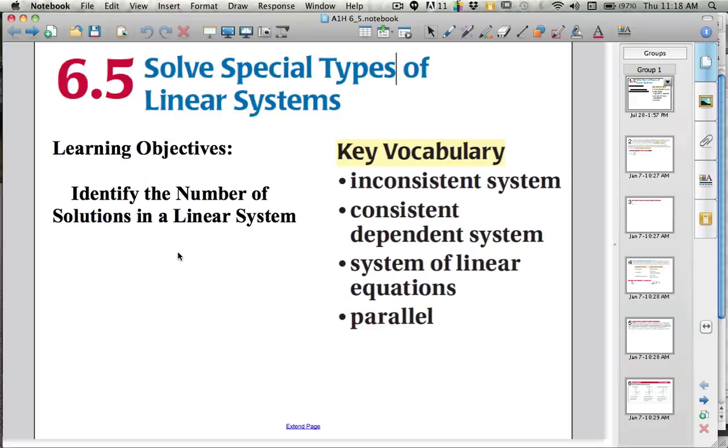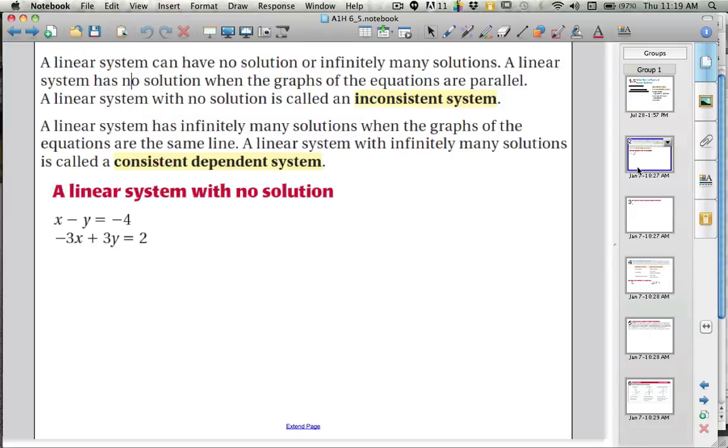So we've been working with consistent independent systems. In this section, we're going to be working on inconsistent systems and consistent dependent systems. Again, we're focused on systems of linear equations, and we want to remember what parallel lines are like. When you think about the number of solutions in a linear system, we basically have three different scenarios.